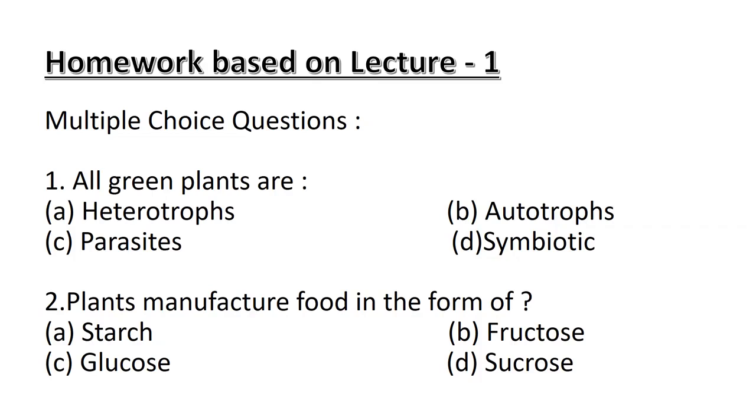Now it's homework time. These questions are based on the lecture we just did. The first set of questions is multiple choice questions. In these questions, you have to choose the most appropriate option out of the given ones.